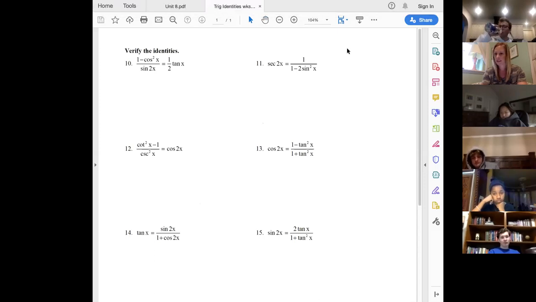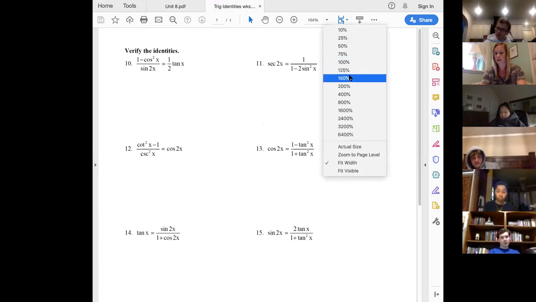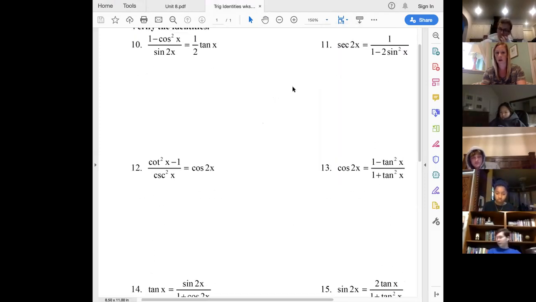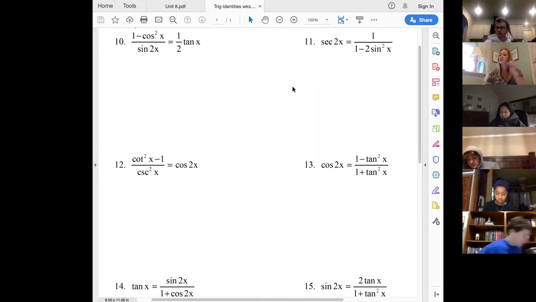This, unfortunately, is the unit where I usually end up printing an extra thing and handing it to you. But you can follow along and write these down. Or if you have a chance to print it real quick and use that, you're welcome to do that. So we're really spending today and the last class doing the double angle identities, a little bit more practice with that.